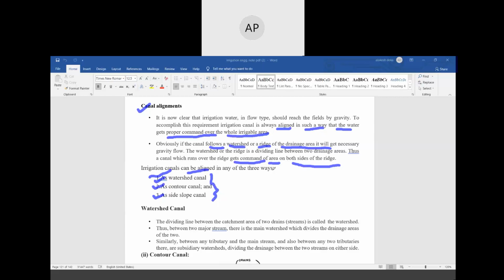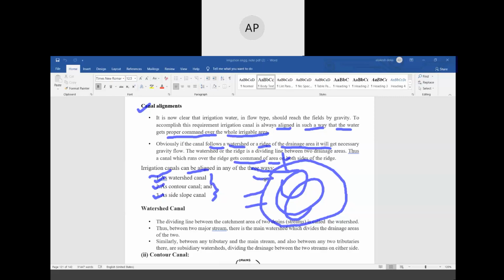So generally, watershed means an area where all the water, that may be rainfall, drainage water, surface flow, or subsurface flow, goes to a common outlet. That is called a watershed, where all the water joins, and it is common to all.